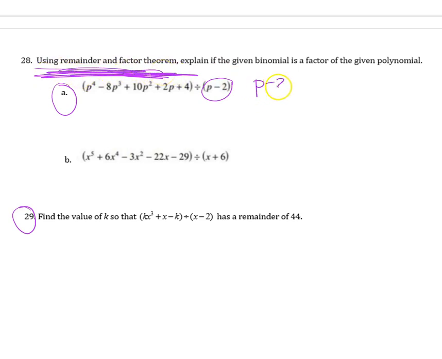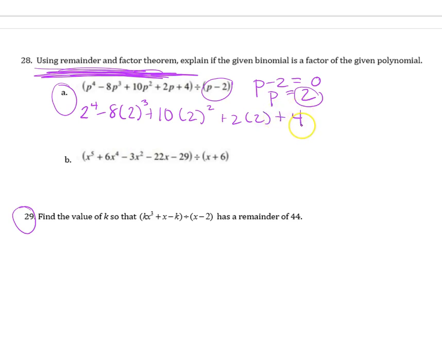That means we're going to plug in the root of this binomial, so p equals 2. I'm going to plug 2 in everywhere I see p in the polynomial. So I've got 2 to the 4th minus 8 times 2 cubed plus 10 times 2 squared plus 2 times 2 plus 4.